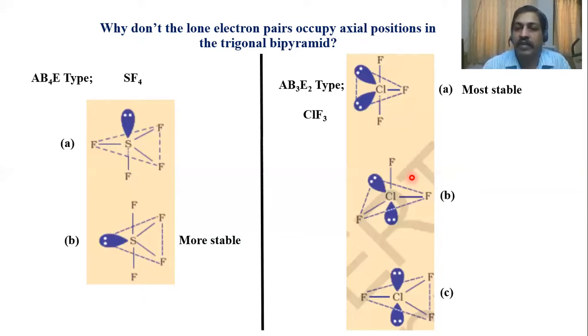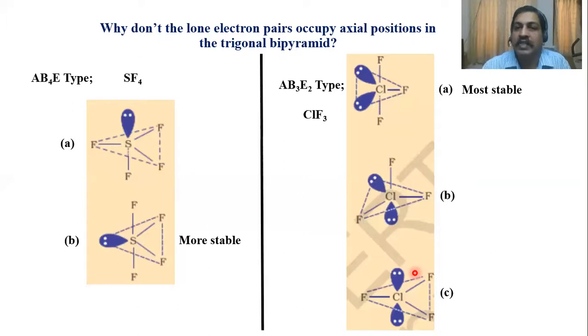Now in case of structure C, both the lone electron pairs occupy axial positions. The angle between them is 180 degrees. However, each lone electron pair is perpendicular to three equatorial bonds.